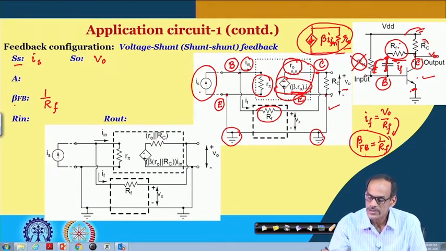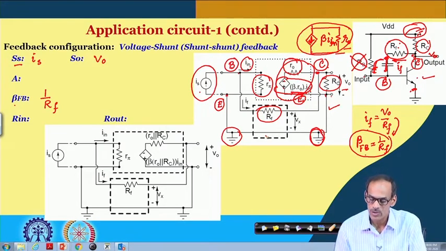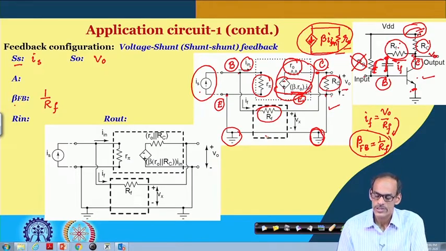Also we can see that this R C is connected between the collector and VDD, and VDD is AC ground. So, this R C you can connect from the collector to the AC ground, which is also, for the AC or small signal equivalent circuit, connected to ground.